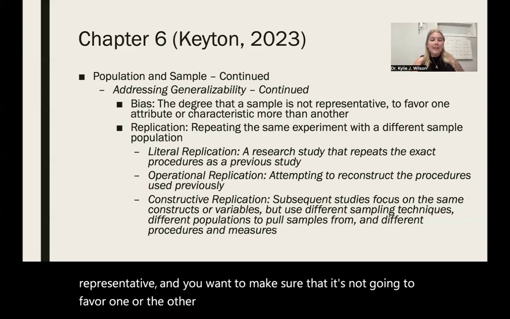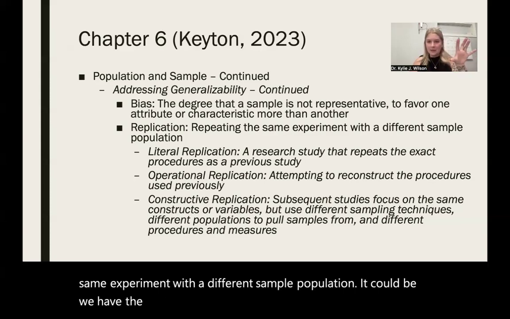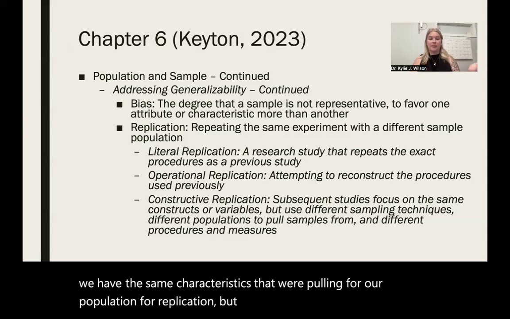Okay. Replication. So we want to repeat the same experiment with a different sample population. It could be we have the same characteristics that we're pulling for our population for replication, but it is a different sample still. We can do literal replication.